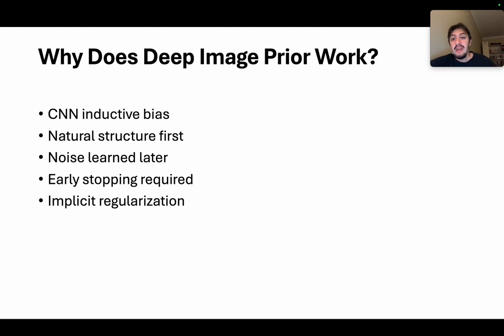Let's talk about why this method works. Okay, we got the idea, we have learned the aim of them and what they are trying to do, but why does it work? It does work because of the CNN's inductive bias, because the noise is learned later.